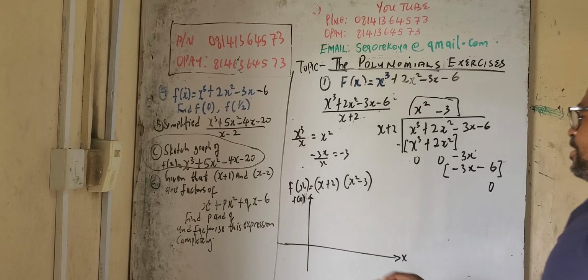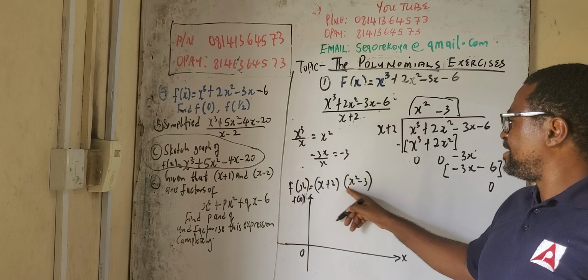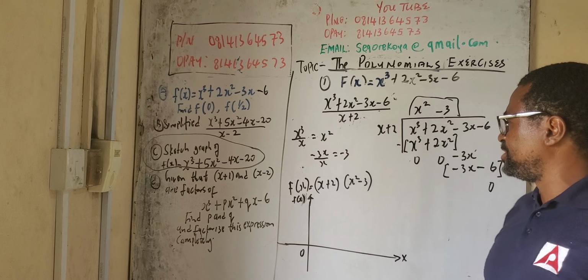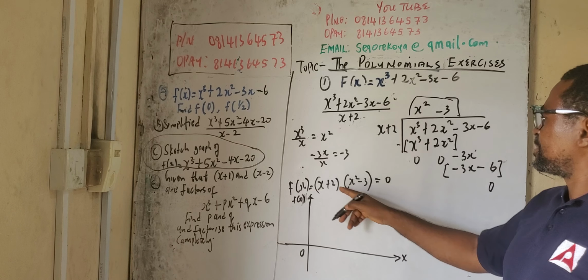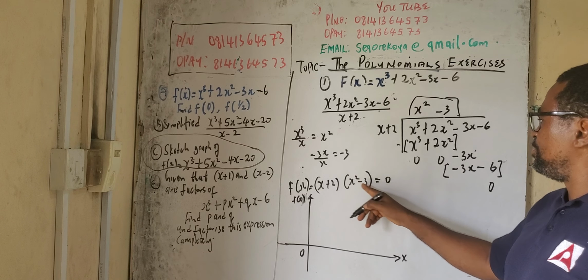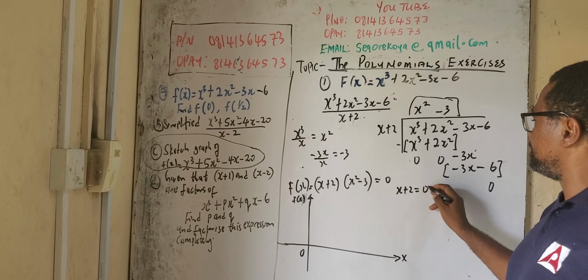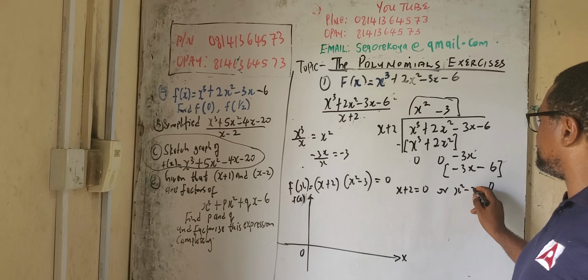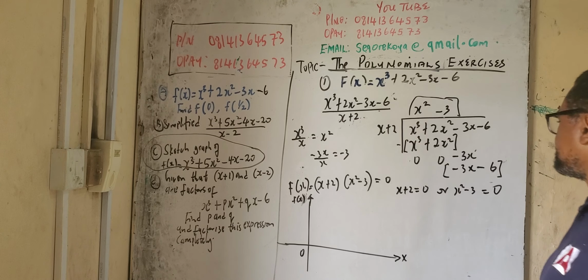The roots, the values of x when the function is 0, are what we want to get now. So you say when the function is 0, it's either this is equal to 0 or the other one is equal to 0. So you say x plus 2 is equal to 0, or x squared minus 3 is equal to 0.